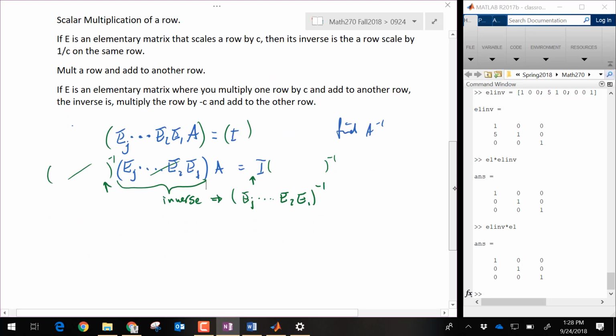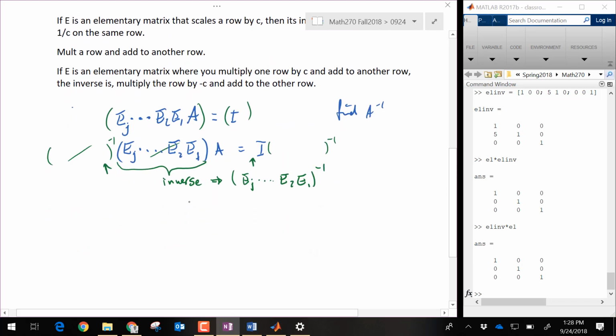So what do we have here? We will have A is equal to... oh, wait a minute.